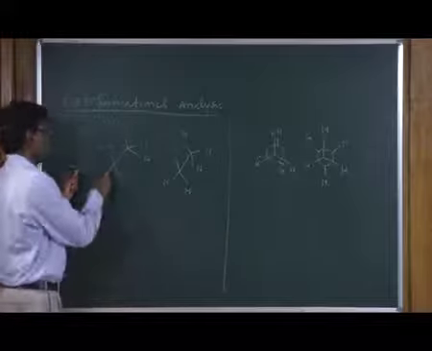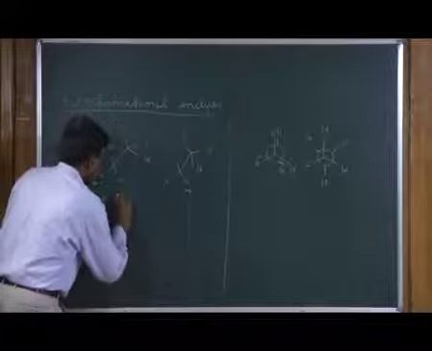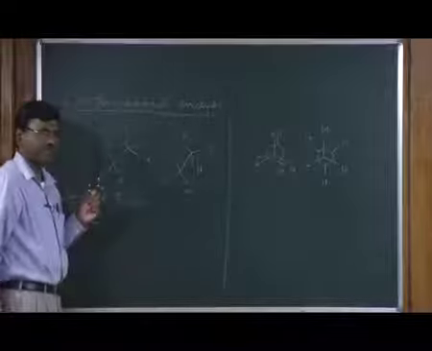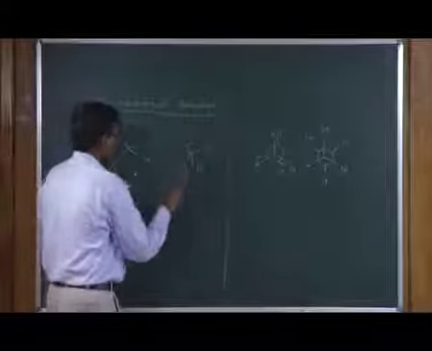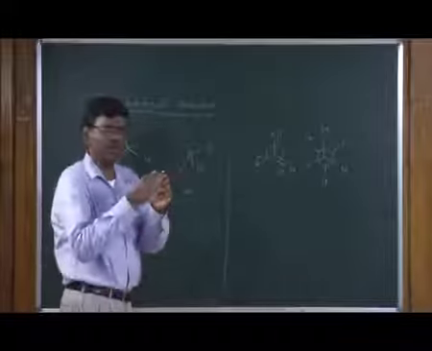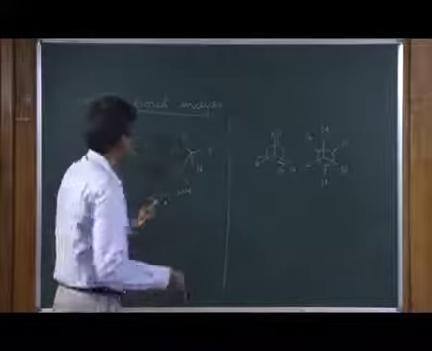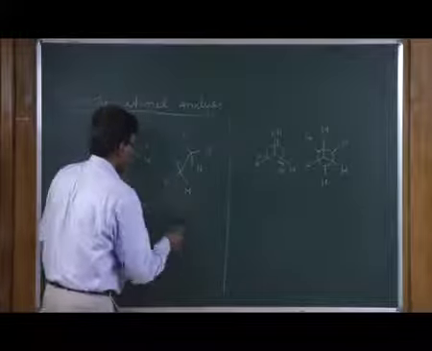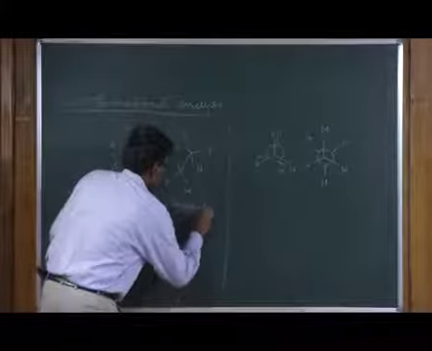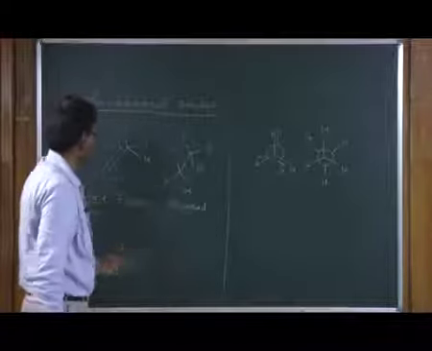If you look from this side, this hydrogen is exactly behind that, and this is called the eclipsed conformation. And this one, due to rotation of this group, has a different spatial arrangement of these atoms in space. This is the extreme case, and this is called the staggered conformation. This is the Sawhorse projection of ethane.